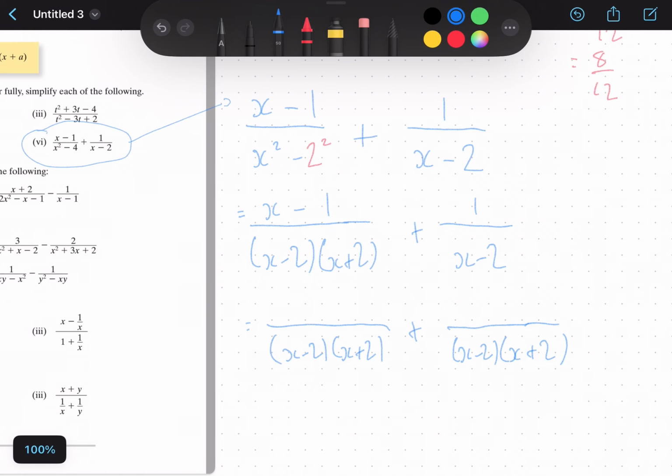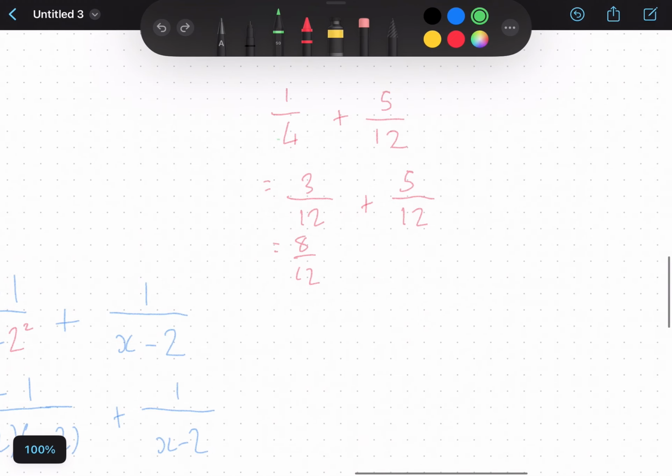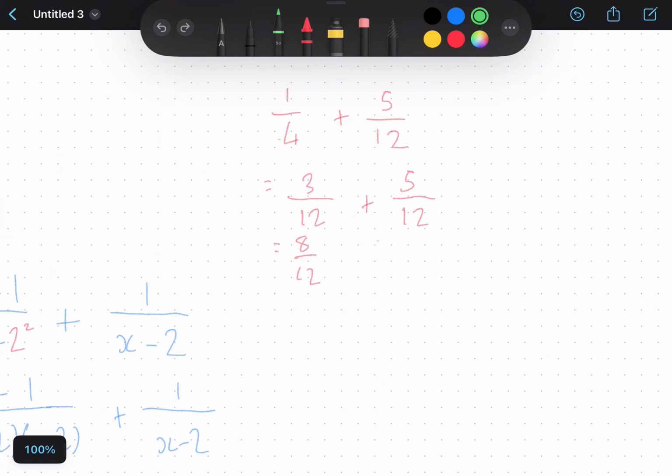Because x minus 2, x plus 2 here is the same as this, so that is obviously fine. And then the x minus 2 here divides into x minus 2, x plus 2. So the x minus 2, x plus 2 here is like using the 12 up here. You don't need to use 4 times 12 is 48 as your common denominator there.